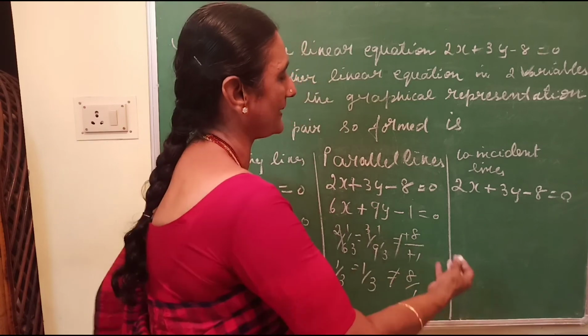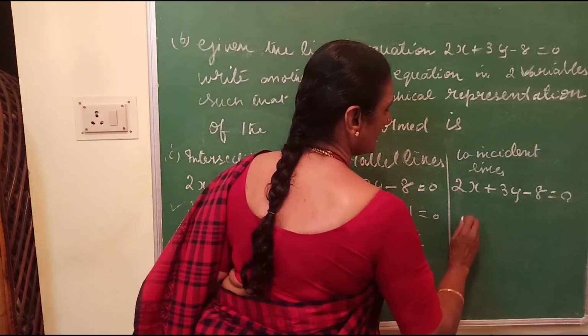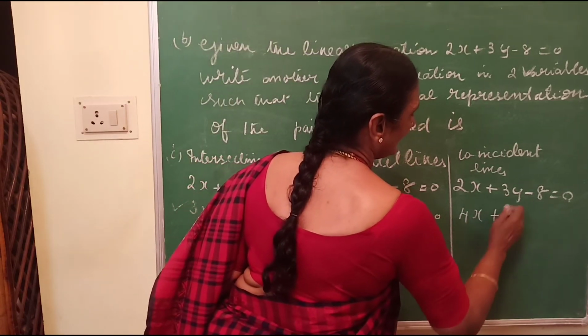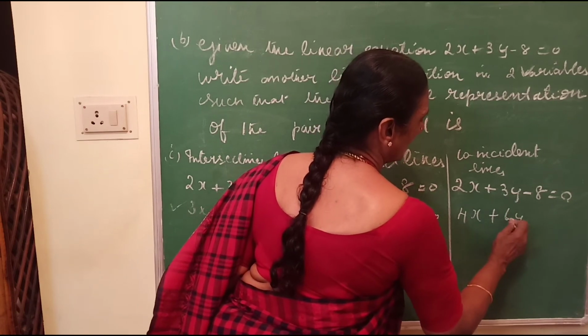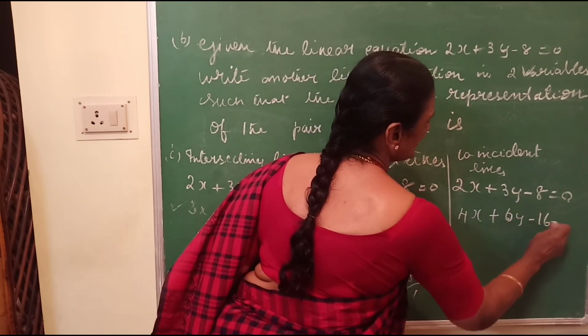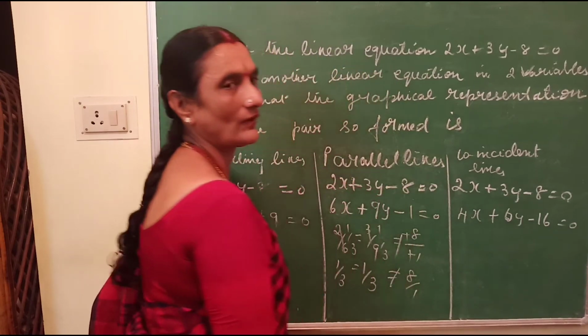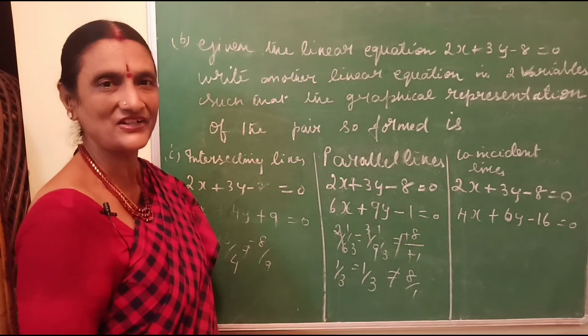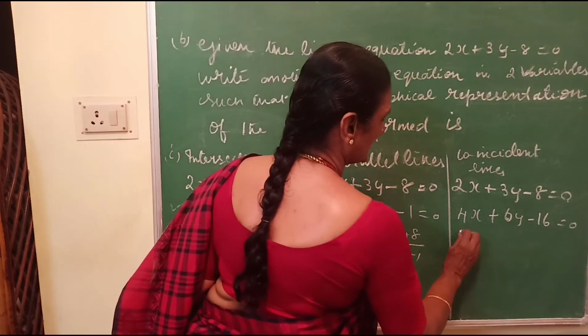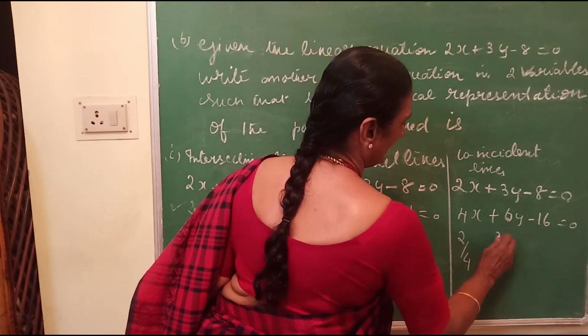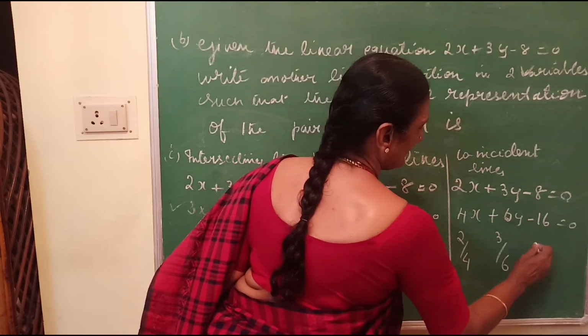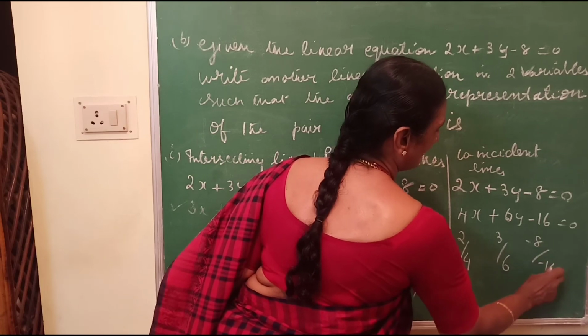If I multiply by 2, what will happen? You will get 4x, and here 3 into 2, 6y, and then minus 16 equal to 0. Now here what you have to do? You have to take the ratios. So a1 by a2 is 2 by 4, b1 by b2 is 3 by 6, c1 by c2 is minus 8 by minus 16.